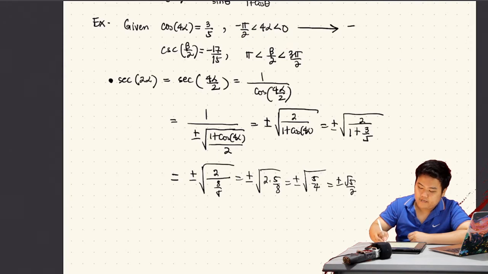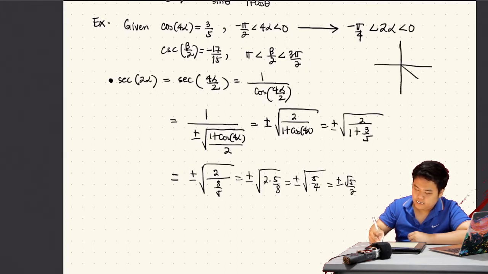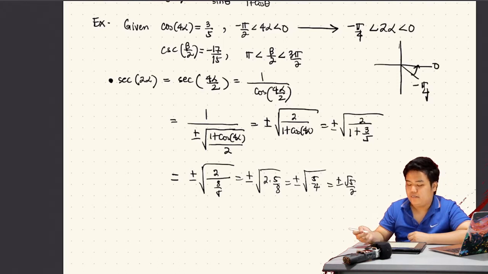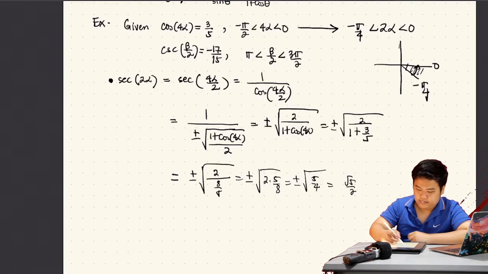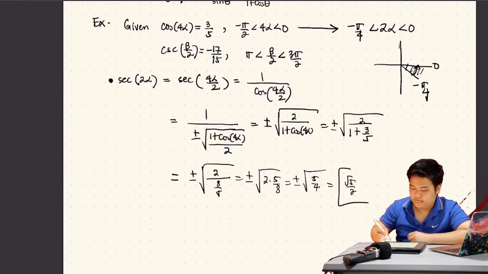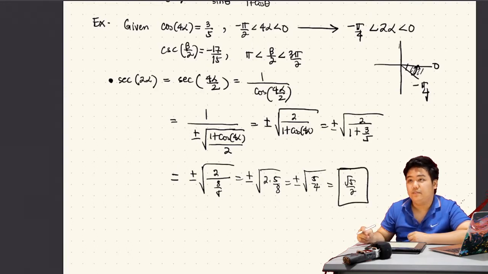So, we get negative pi over 4 to 0. Nasaan yun? This is negative pi over 4. This is 0. Una, sa quadrant 4 siya. So, somewhere andito raw yung angle natin. And in quadrant 4, secant is positive. So, the answer is square root of 5 over 2.